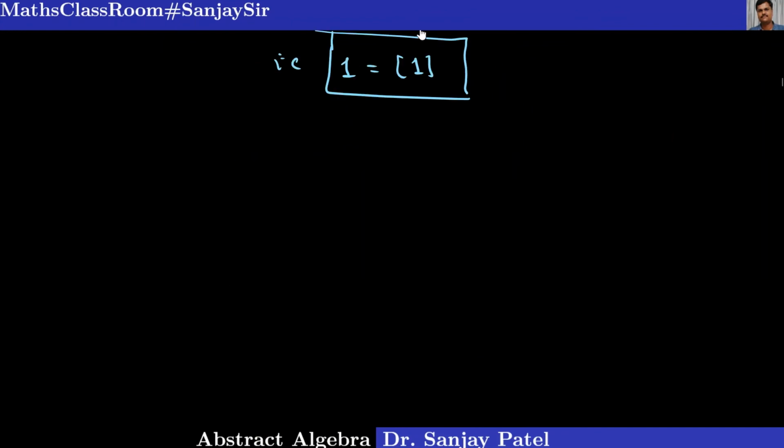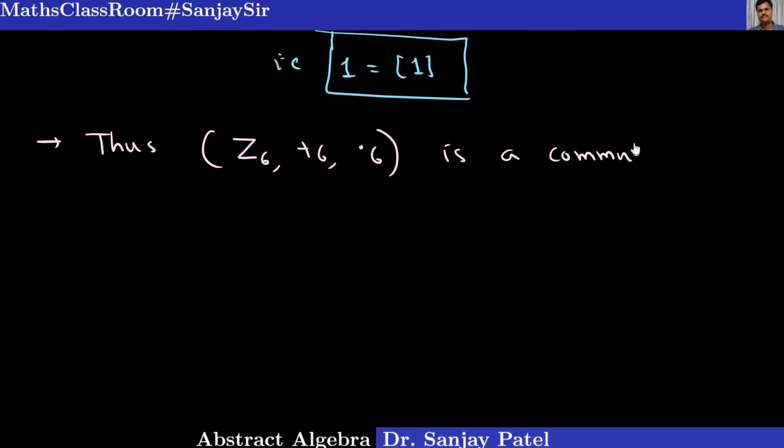So the very important conclusion we are going to state here is, thus the set Z6 with plus 6 and dot 6 is a commutative ring with unity element, say 1 is equal to class 1.